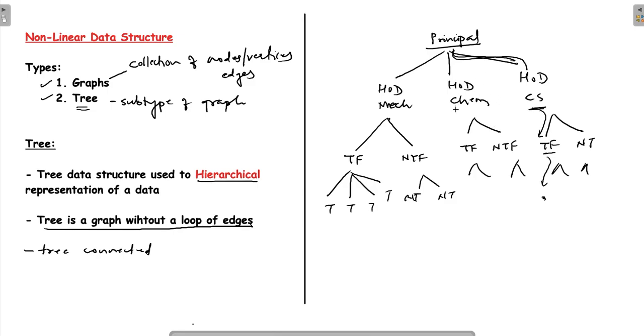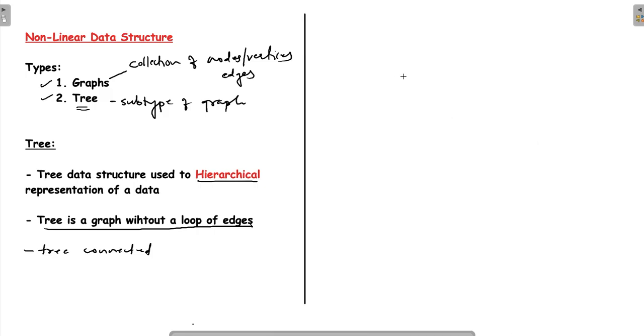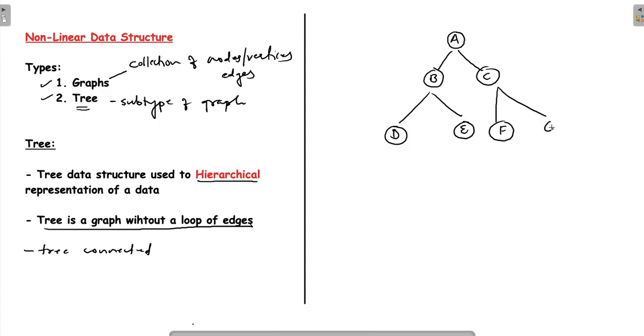So let us talk about the terminologies used in a tree. I'll quickly draw a tree. Let's say we have a tree with node A, nodes B and C, which are again connected to the nodes D, E, F and G. So we have a tree.